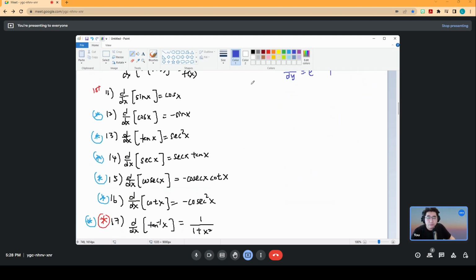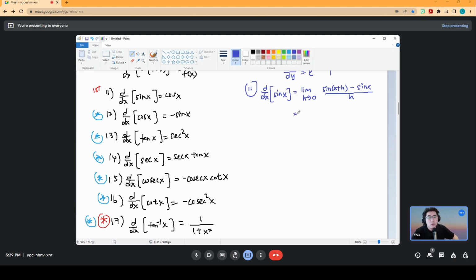Number 11. By first principle, d/dx of sine x. According to first principle, we have the limit as h tends to 0 of sine of (x plus h) minus sine of x, over h.